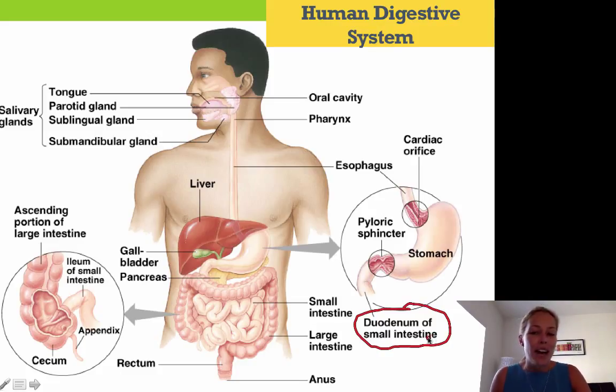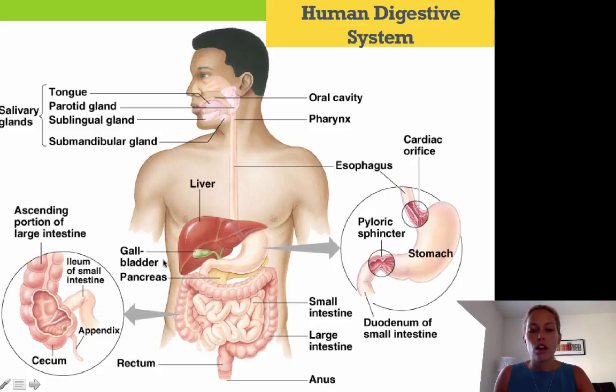That chyme gets entered into the duodenum of the small intestine, and there we have the accessory organs, the liver, the gall bladder, and the pancreas. They're called accessory organs because they're not part of the tube that makes up the digestive system, but they do aid in digestion.